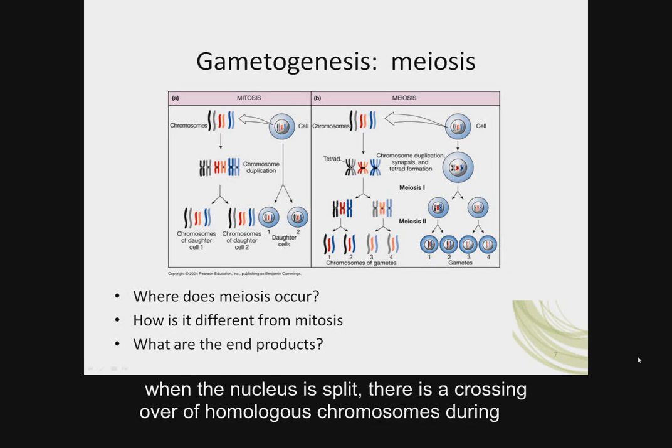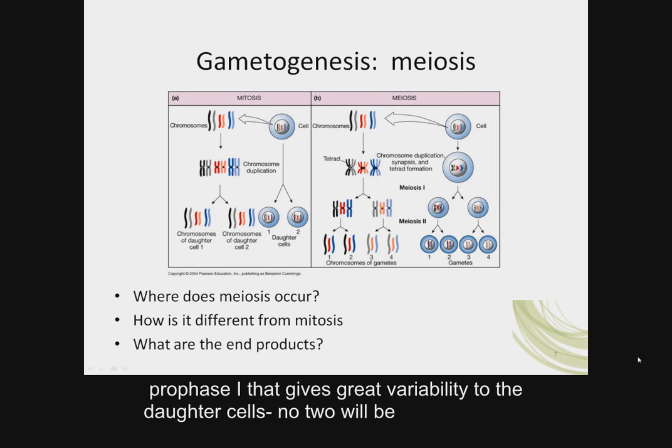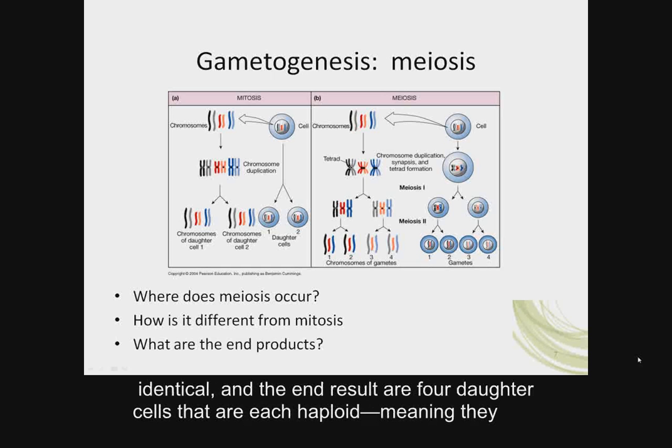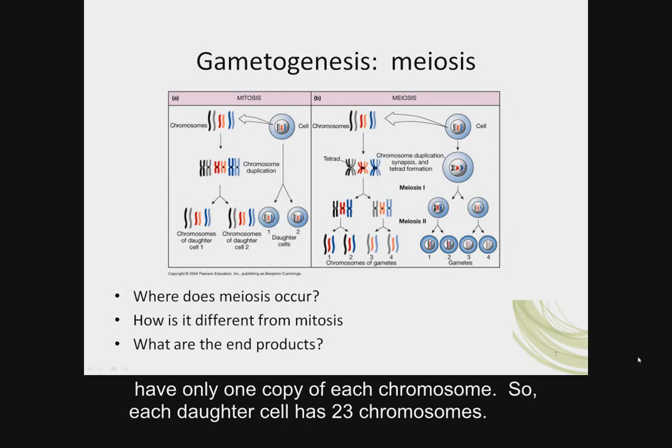There is a crossing over of homologous chromosomes during prophase 1 that gives great variability to the daughter cells. No two will be identical, and the end result are 4 daughter cells that are each haploid, meaning they have only one copy of each chromosome. So each daughter cell has 23 chromosomes.